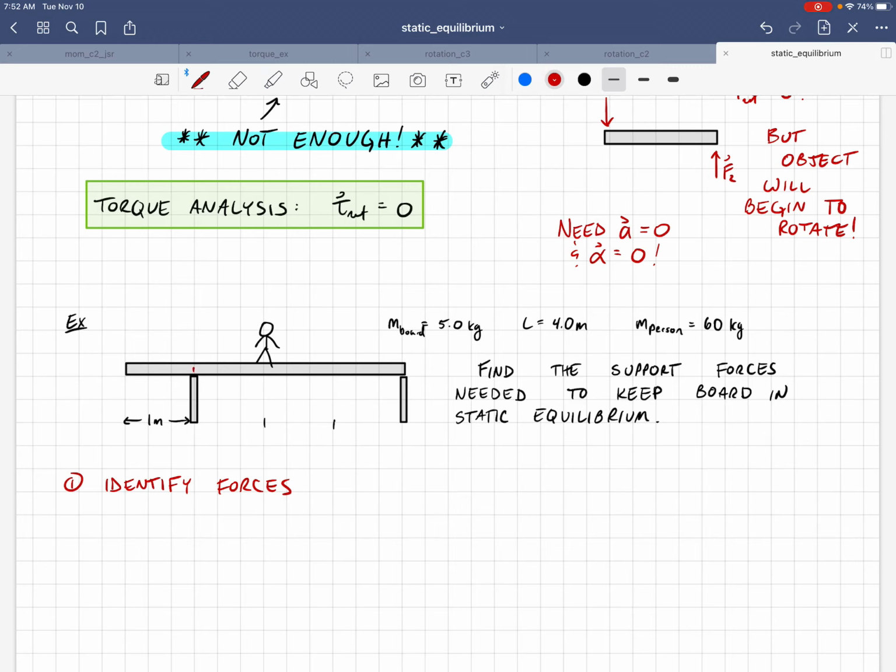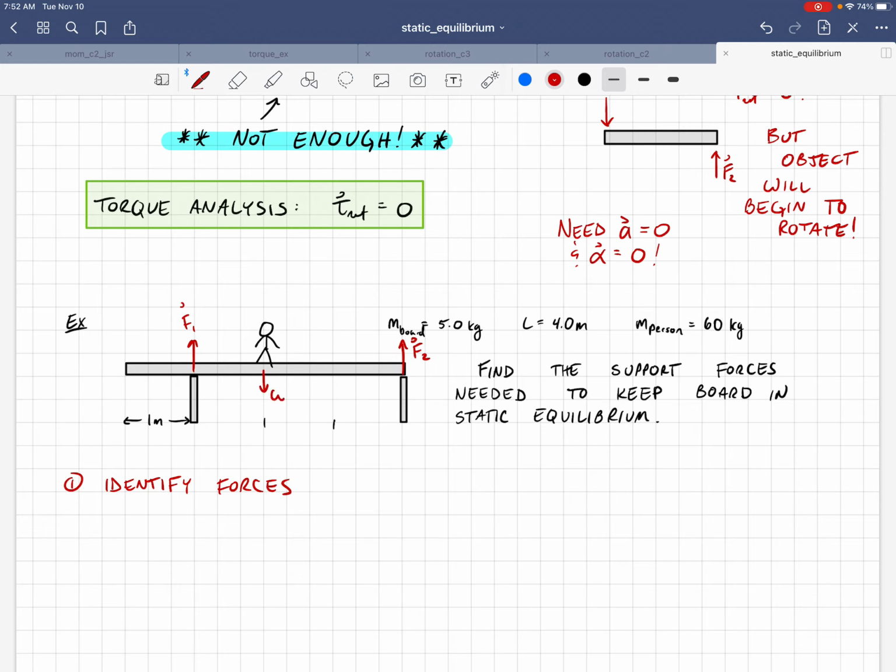So I'm going to draw the forces exactly where the forces are applied to my object. So I've got this force, I'm going to call this F1. That's the support force from the support on the left. I've got F2 over here. That's the support force, so pushing up on the board from support 2 over on the right.